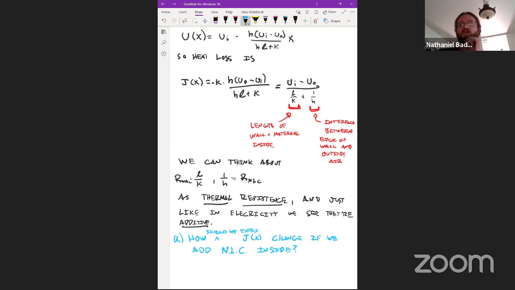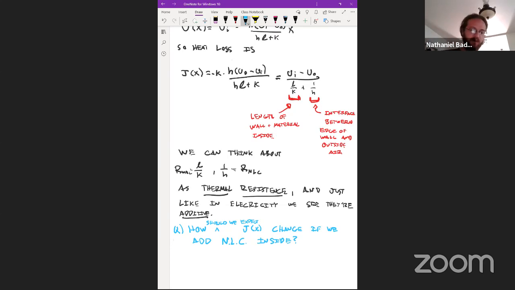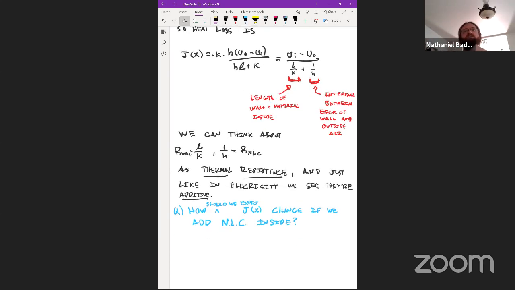So when we add a Newton's law condition, this 1 over H term shows up in the resistance. What do you think should happen if we add another Newton's law condition on the inside? How should J of X change? It should decrease.